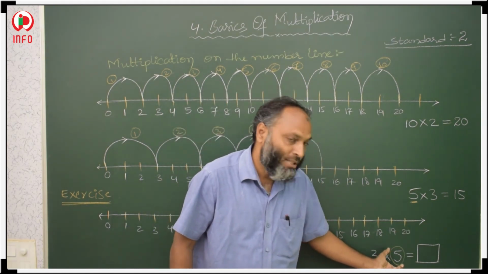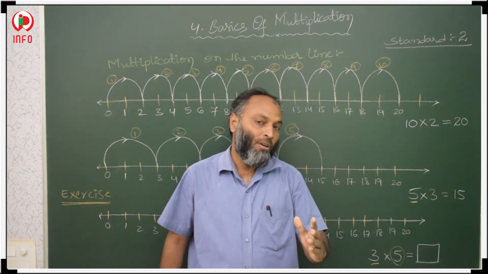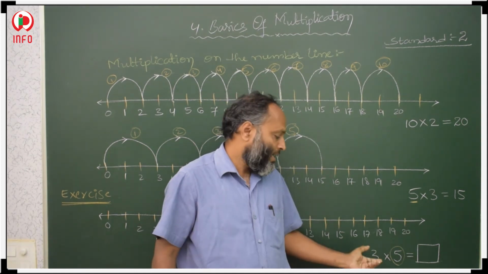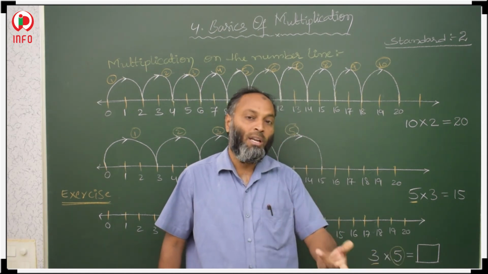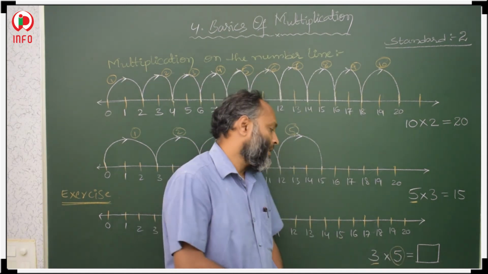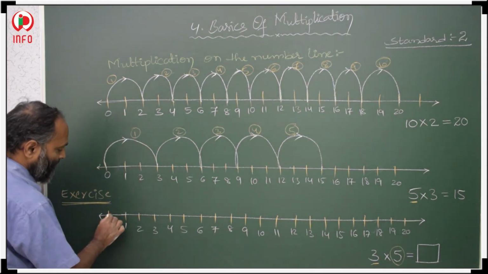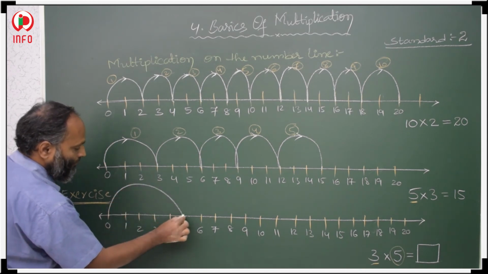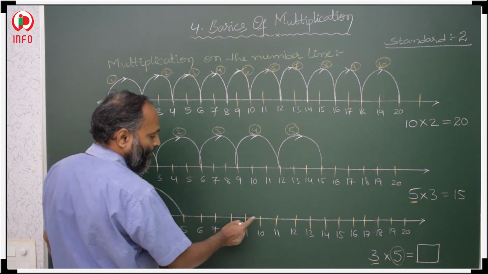So what does it represent? It represents skip counting. 5, 5, 5 skip counting is there. Then how many times? 3 times. It shows number of times. It shows skip counting. So 0 to 5 first. Then again 5 skip count: 1, 2, 3, 4, 5.